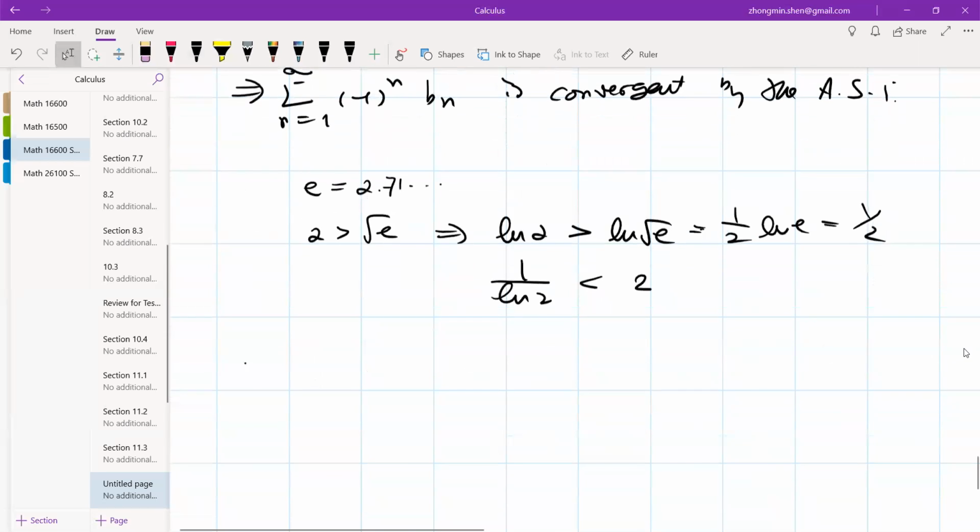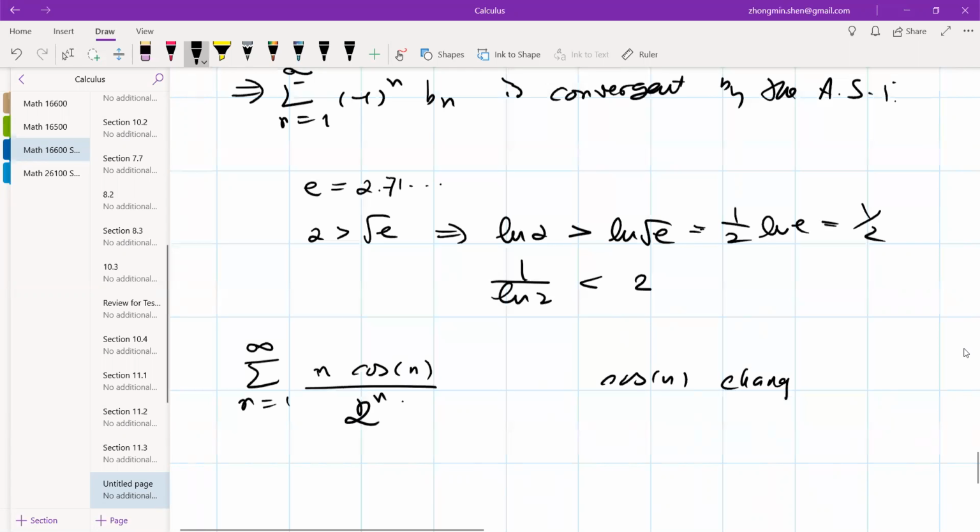But the other problem, if I just ask you to consider this, this is convergent, but I cannot use any method here to prove it's convergent. Okay, it changes signs, but changes sign in some strange way. Cosine n changes signs, yes, but it's not like alternating. Yeah, cosine n does change signs, but we're not going to use that property.